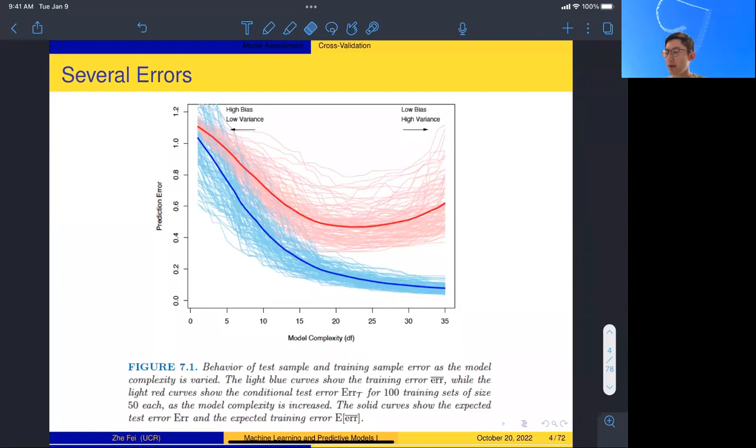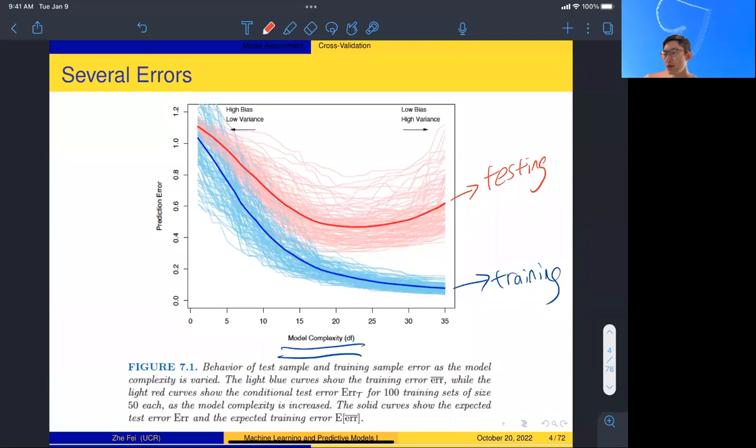Actually, we have seen something similar before as well. Basically here, the blue ones correspond to the training error. We know that as the model complexity increases, the training error is always decreasing. The red curves correspond to the testing errors.